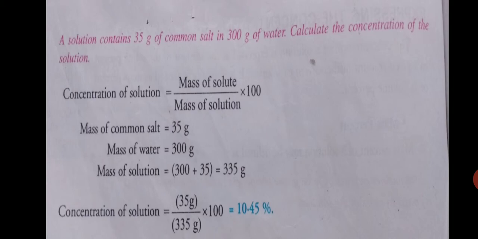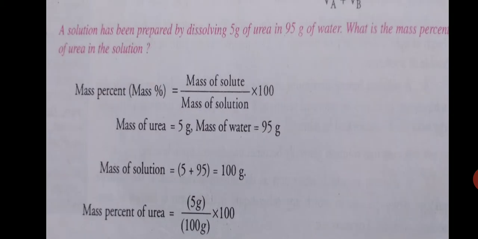Here the solution mass is not given straight away, so we find out the solution mass, then we substitute in the equation. We got the answer. Next question. So while we are doing one or two questions, you will understand this type of equations and questions.